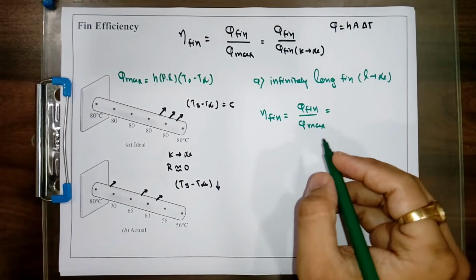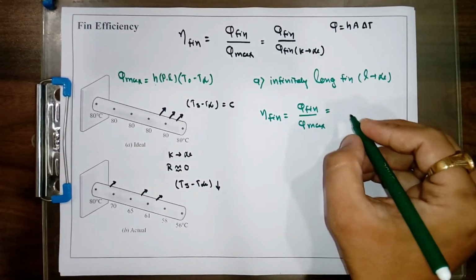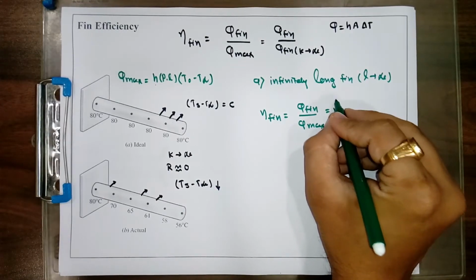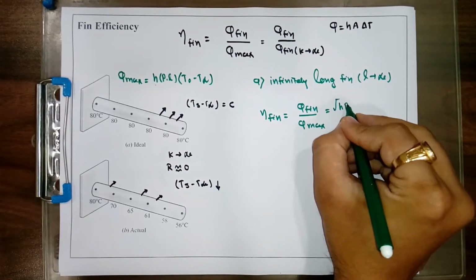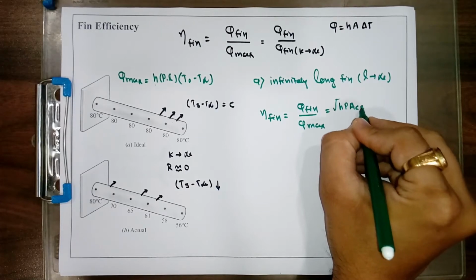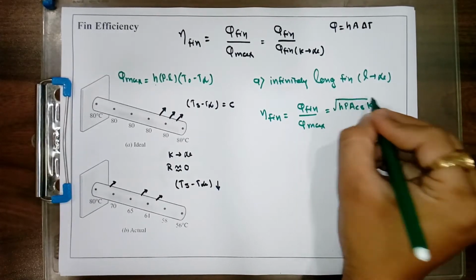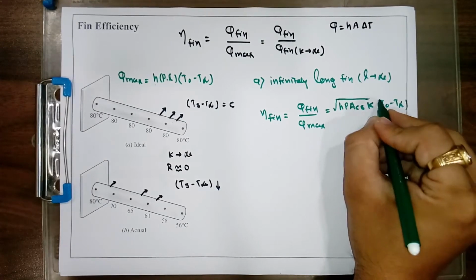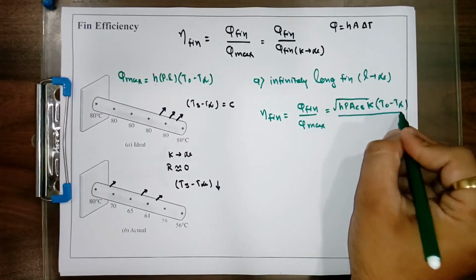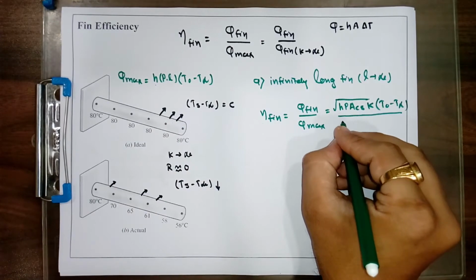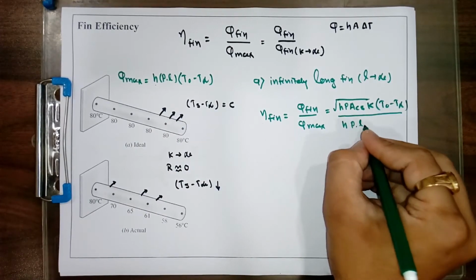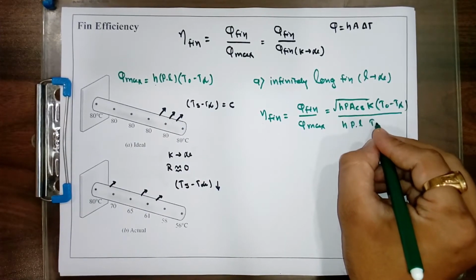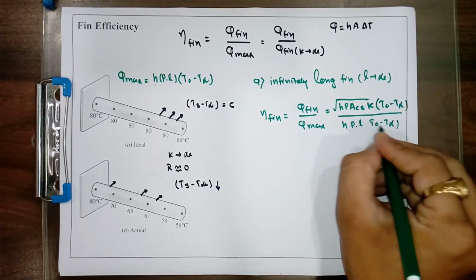So now we can get this q fin in the case of the infinitely long fin, that is under root of h P A cs into k into (T naught minus T infinity) divided by the q maximum, that is h P into L (T naught minus T infinity).